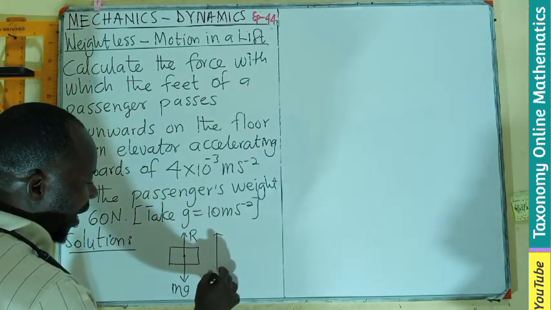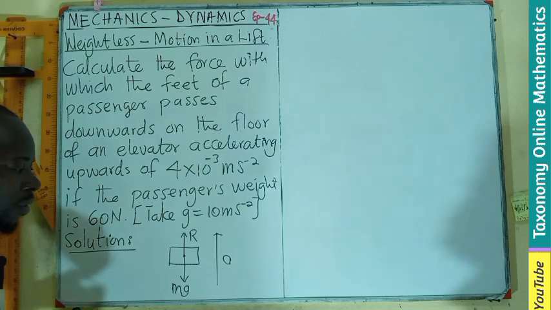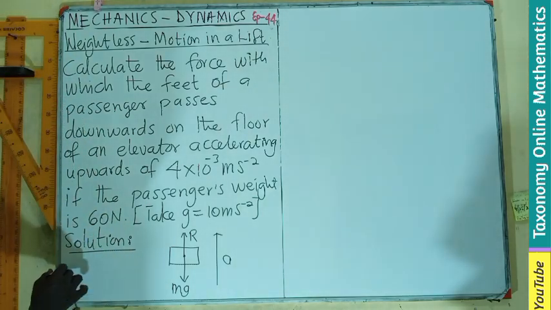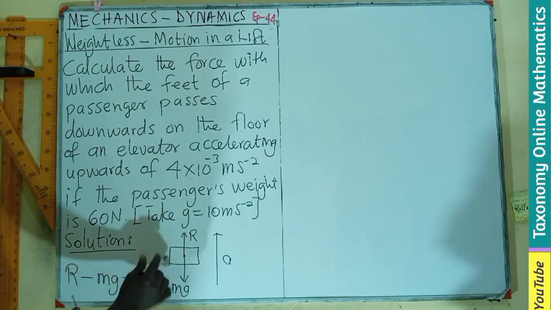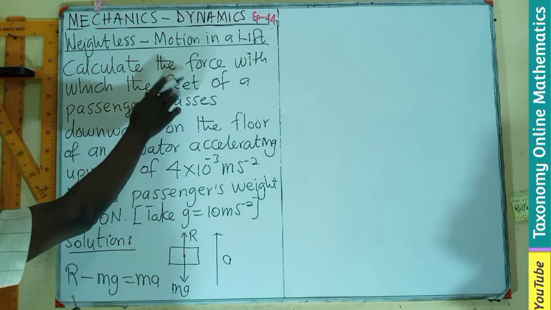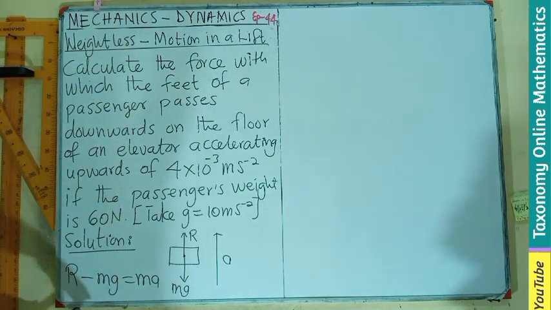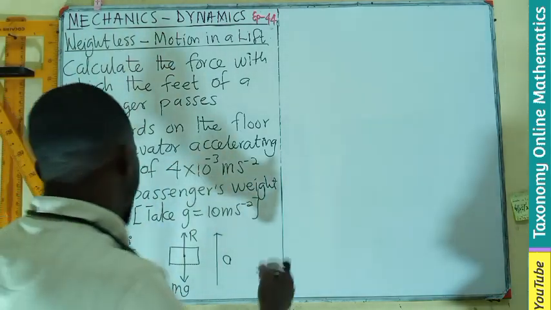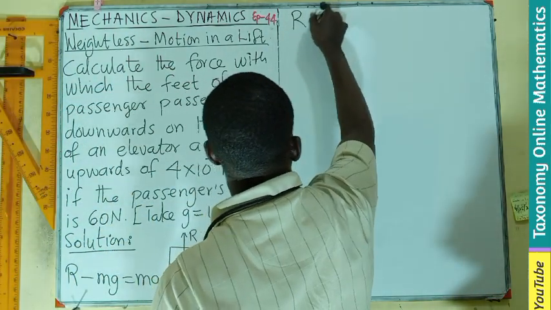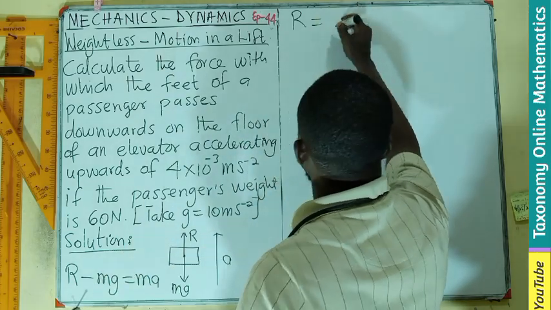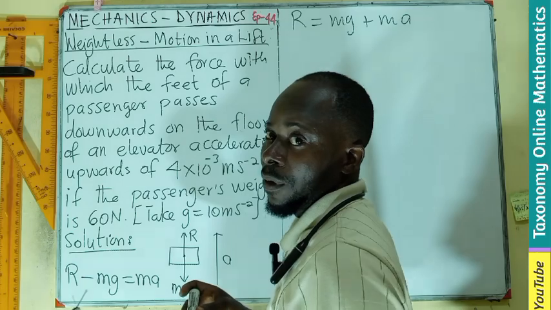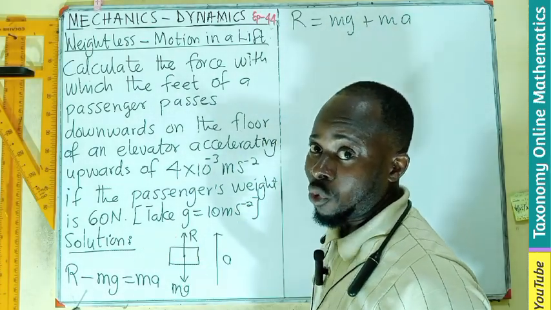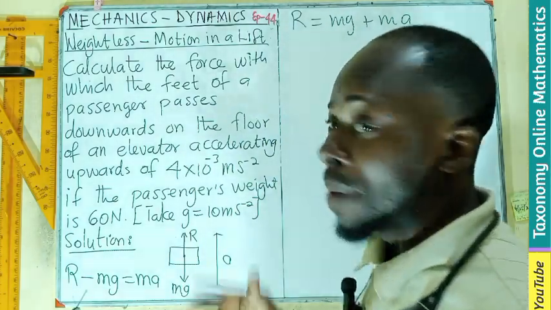So in a sense where the body is moving upward, the normal reaction minus the weight equals the force required to lift the passenger. We can rewrite the force we are looking for as R equals mg plus ma, where R is the apparent weight of the passenger.